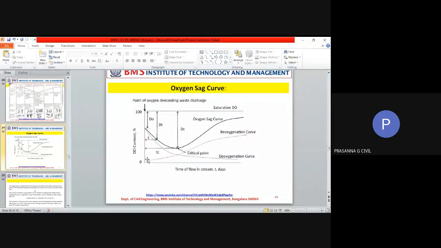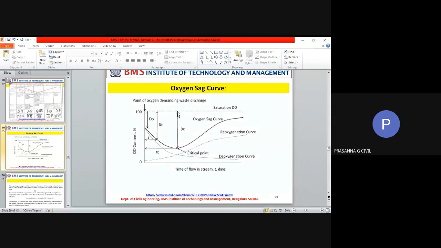Second is velocity of flow. Suppose your stream is flowing nicely with a lot of rapids and currents, definitely the reaeration will happen faster because the oxygen dissolution also will happen faster. At the same time, if you have a sluggish moving river or stream, then it is going to be very slow. Then it also depends on the oxygen deficit below the saturation level.